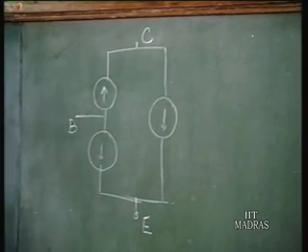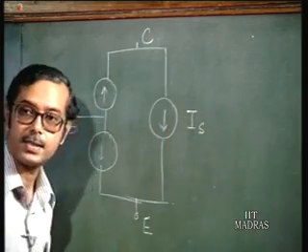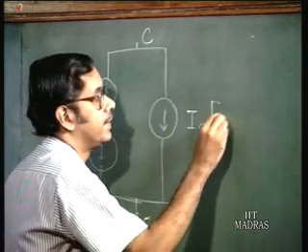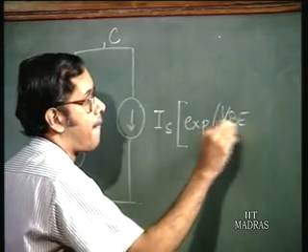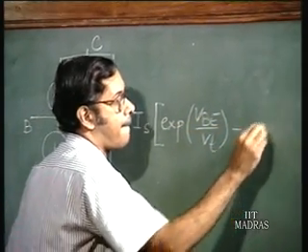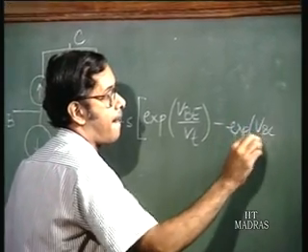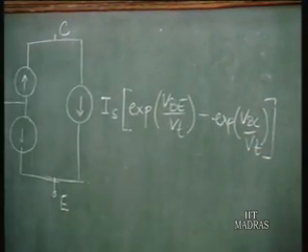This current source value is given by Is exponential Vbe by Vt minus 1.